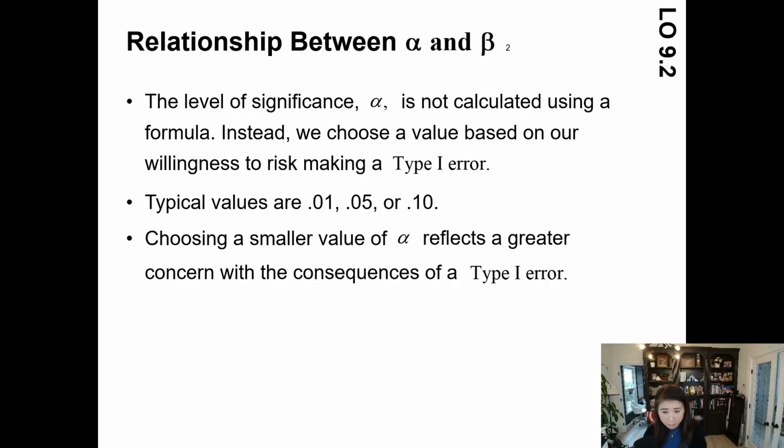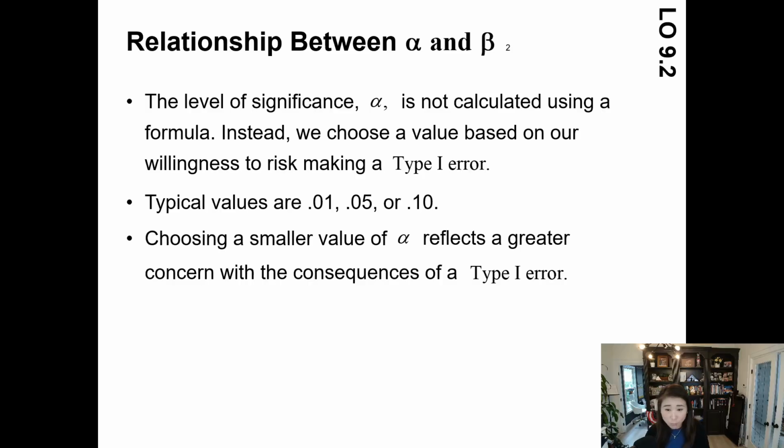So therefore, remember for type 1 error, we set up a threshold by ourselves. If the type 1 error really causes a lot of harm, you want to reduce your type 1 error to 0.01 or even smaller. If the outcome is negative, but it's okay, then you can pick 0.10.